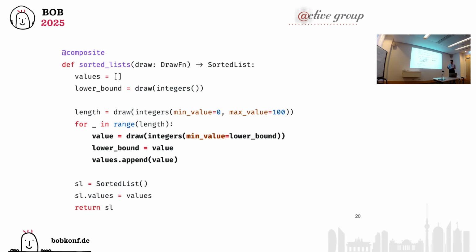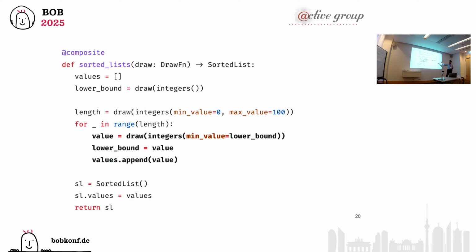And then for each element that we want to add to the list, we pick an element that is greater than or equal to the current lower bound. We update the lower bound because we know that the elements are always going to be non-strictly increasing, and then we append the element to the list that we maintained.